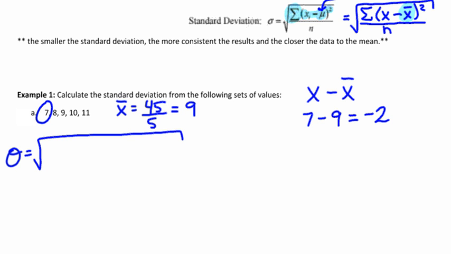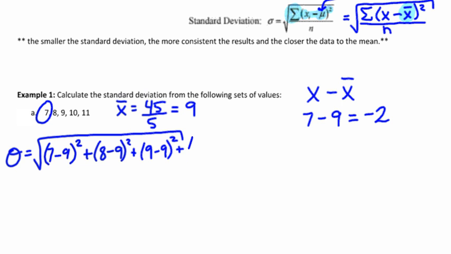We want to add all of those terms up and divide by the number of terms that we have. So 7 minus 9 squared. That's our first term with our deviation. Plus, since we're finding the sum, 8 minus 9, to find the deviation of that term, squared. Plus 9 minus 9 squared.